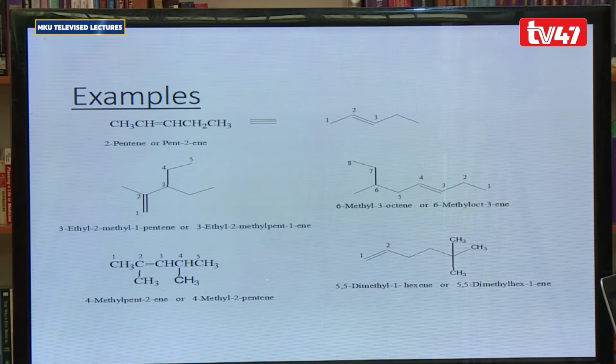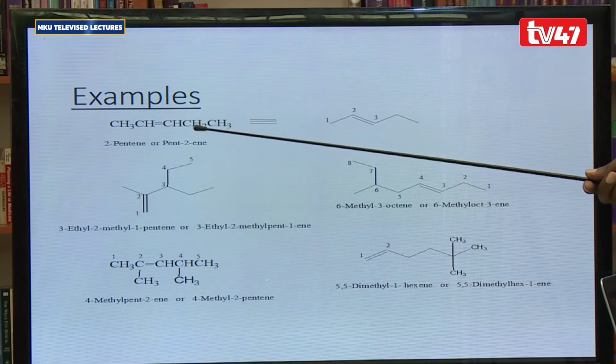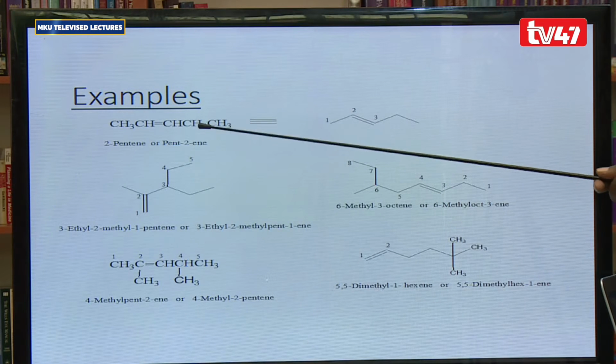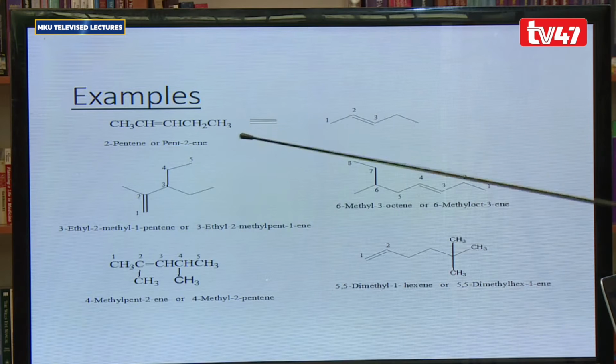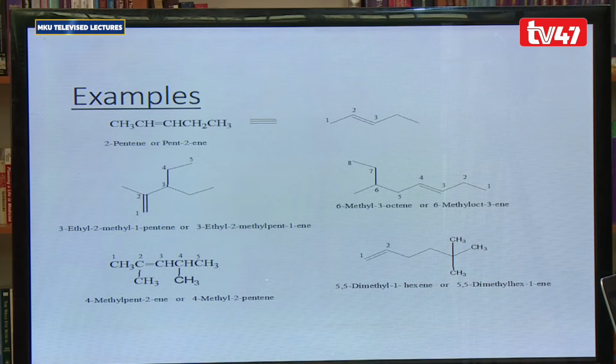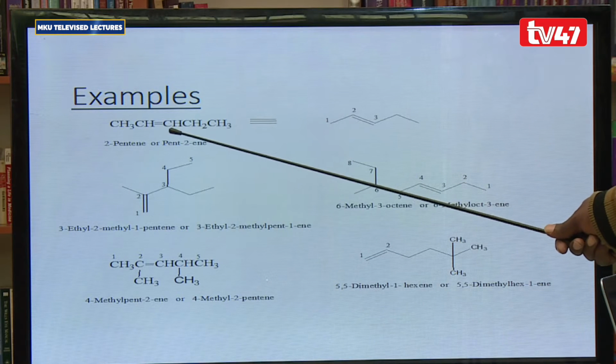Now, looking at examples in nomenclature, we have this molecule. Now, this has 1, 2, 3, 4, 5 carbons, meaning that it is a pentene. However, you cannot just say pentene. You have to indicate the position of the double bond, because here you have seen the double bond is in position 2.